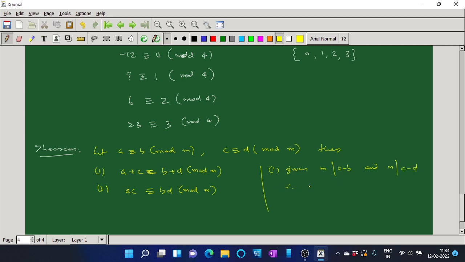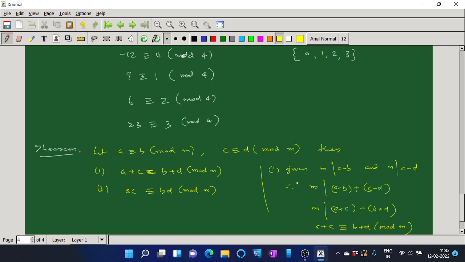And therefore, it is very clear that m divides (a minus b) plus (c minus d). That is, when you add, this is nothing but (a plus c) minus (b plus d), which shows that a plus c is congruent to b plus d mod m. So, if a is congruent to b mod m, c is congruent to d mod m, then it is very clear a plus c is congruent to b plus d mod m.